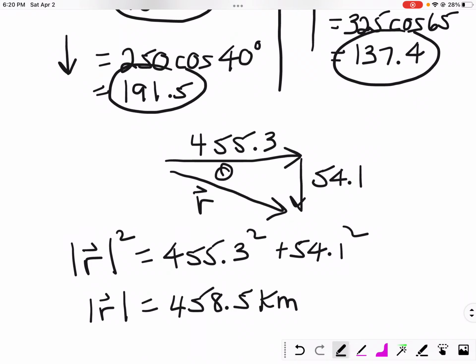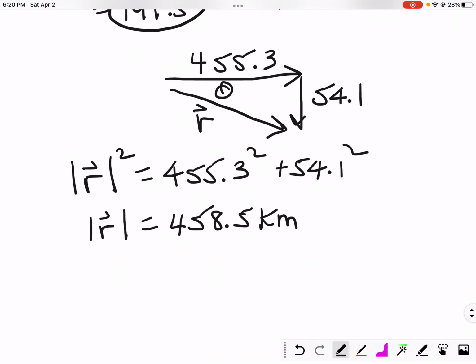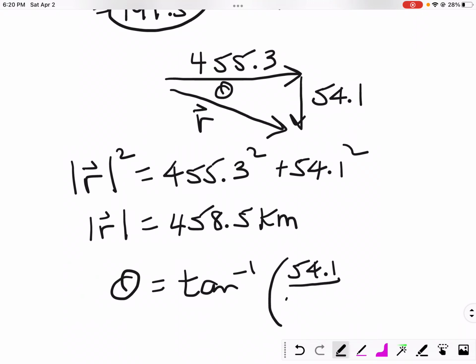For this angle, you know what? I'm going to go straight to this. I'm going to write down the angle is the inverse tan of the opposite over the adjacent. And I'm just going to do that in my calculator. Second function tan 54.1 divided by 455.3.